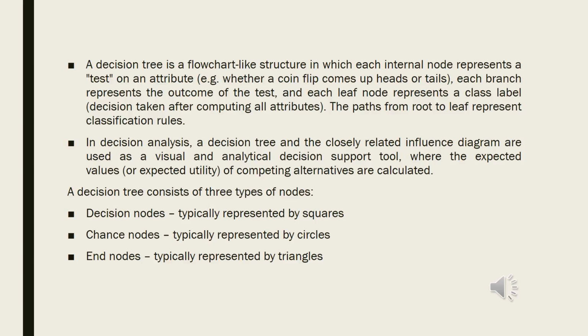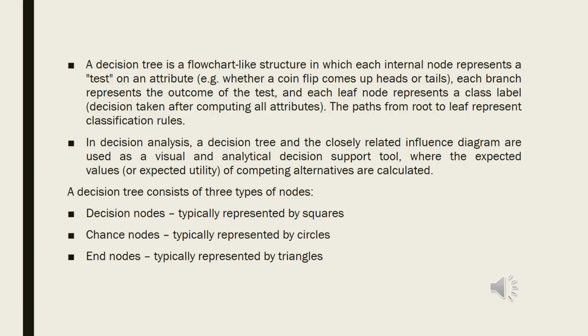A decision tree is a flowchart-like structure in which each internal node represents a test on an attribute. Each branch represents the outcome of the test, and each leaf node represents a class label. The path from root to leaf represents classification rules.